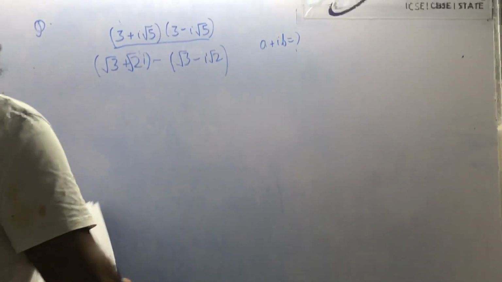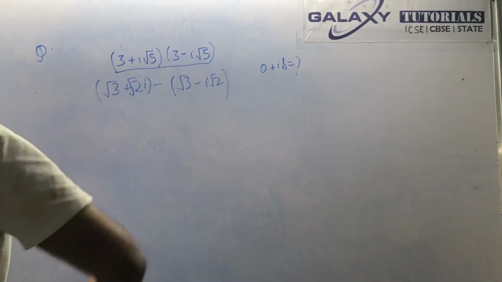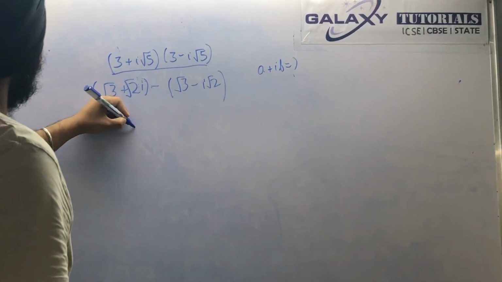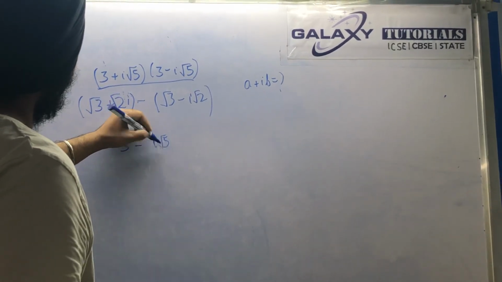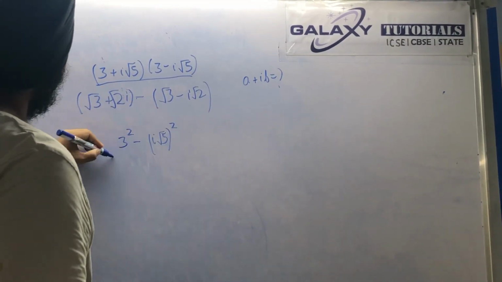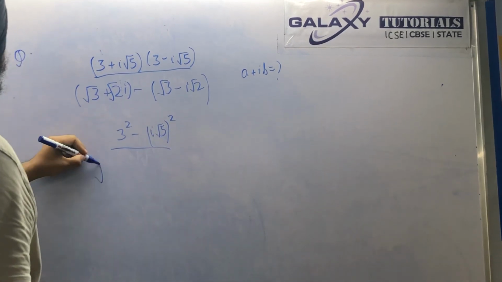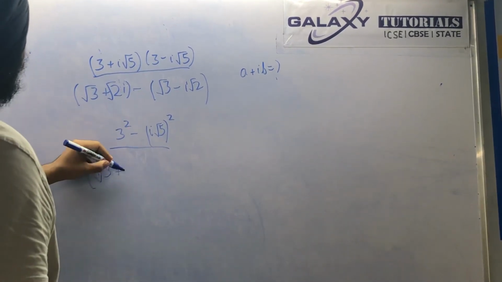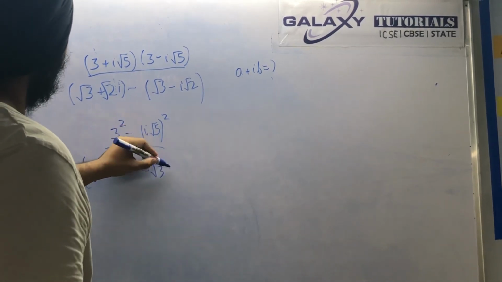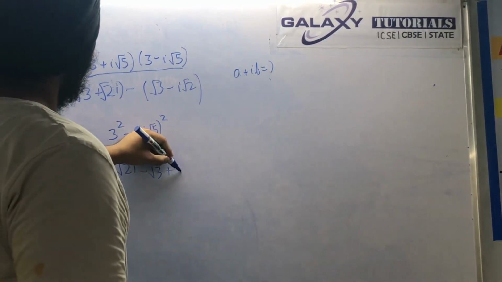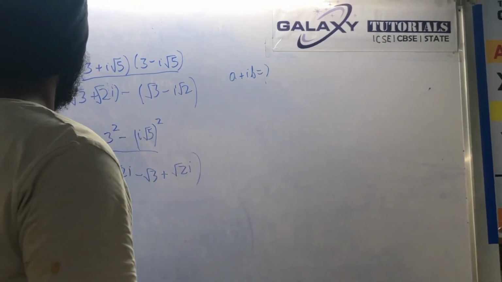Okay, so look at the numerator, a plus b into a minus b. So a square minus b square. So 3 square minus iota root 5 whole square. This one root 3 plus root 2 iota minus root 3 plus root 2 iota.